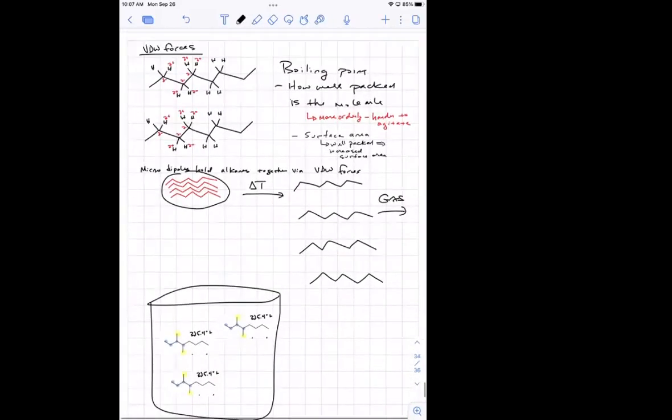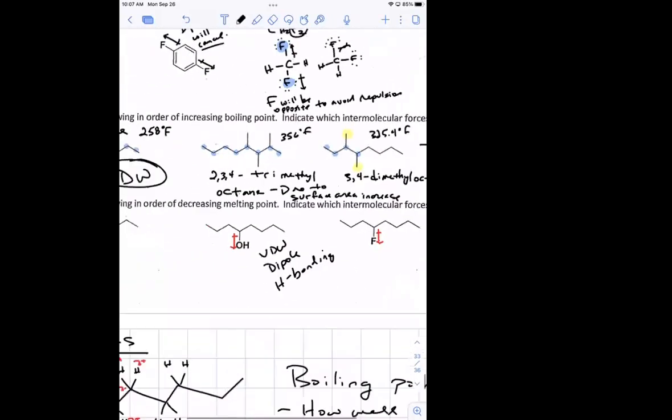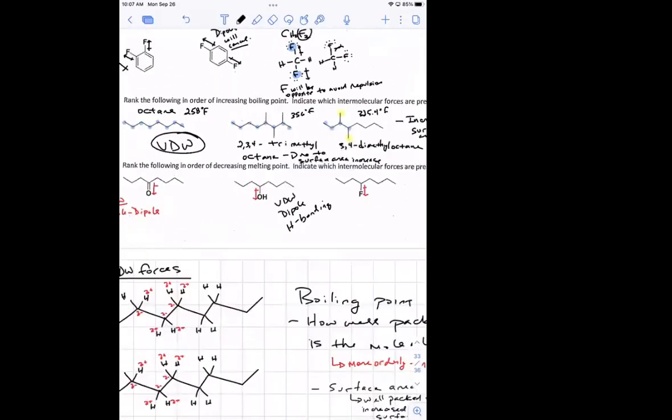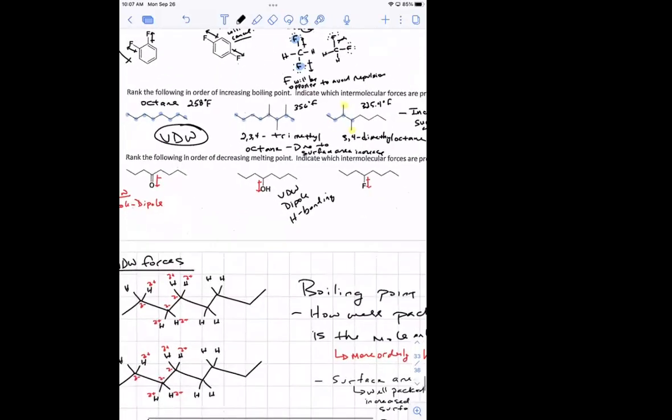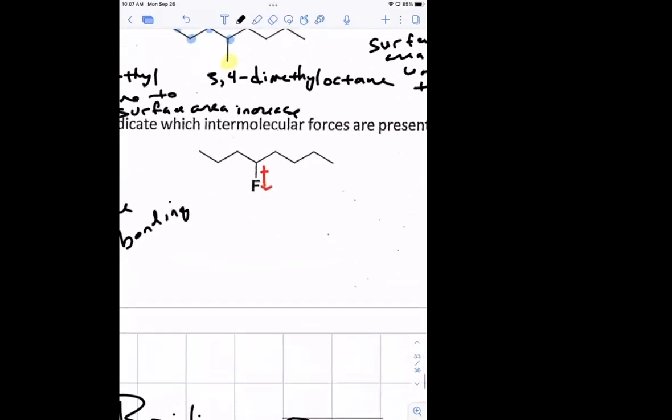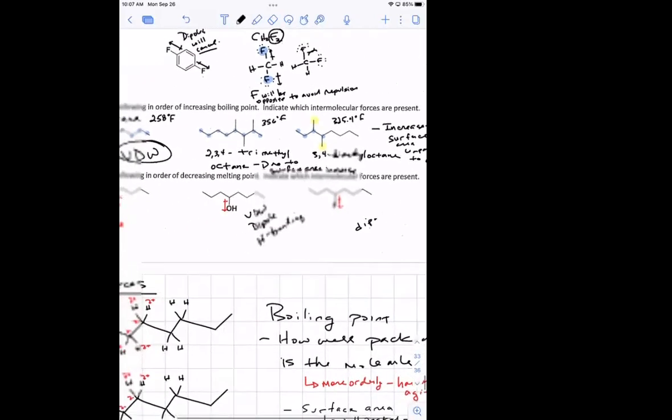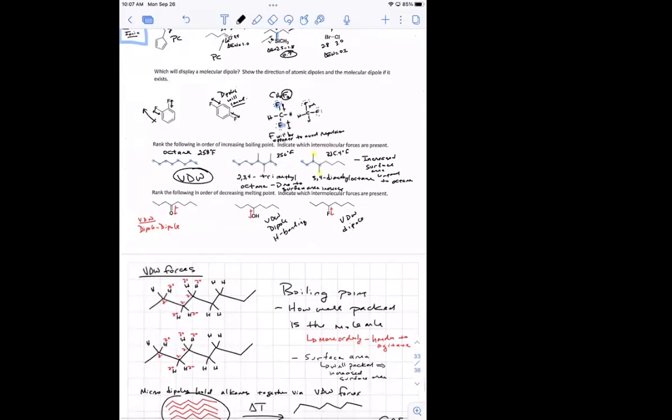All right, so let's go back up here. Which one of these do you think is going to have the highest melting point? This is van der Waals and dipole. This is also van der Waals and dipole. So which one is going to have the highest melting point?